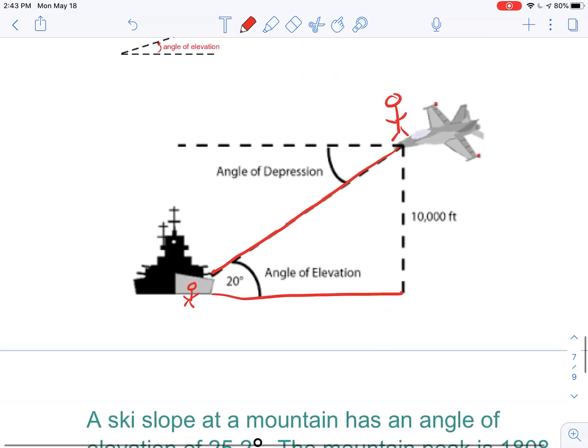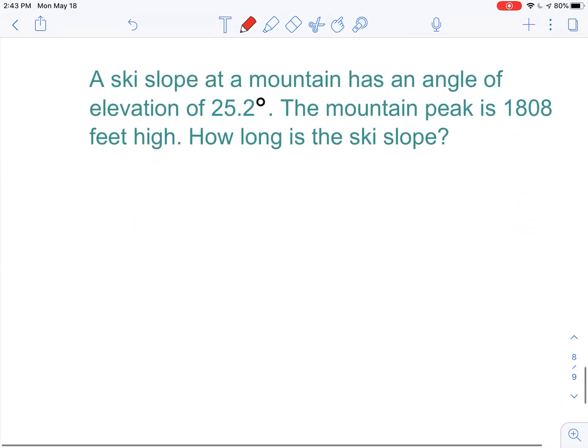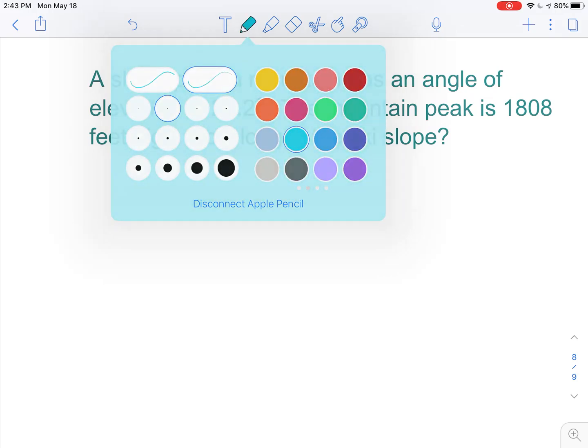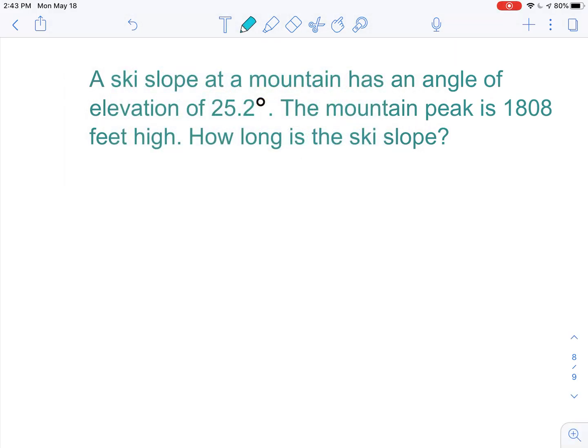Okay, so if we wanted to apply this to a word problem, let's give it a try. A ski slope at a mountain has an angle of elevation of 25.2. We're snowing, so let's use some snowy colors. The mountain peak is 1808 feet high. How long is the ski slope? So let's draw this picture. We have a mountain, a treacherous mountain.